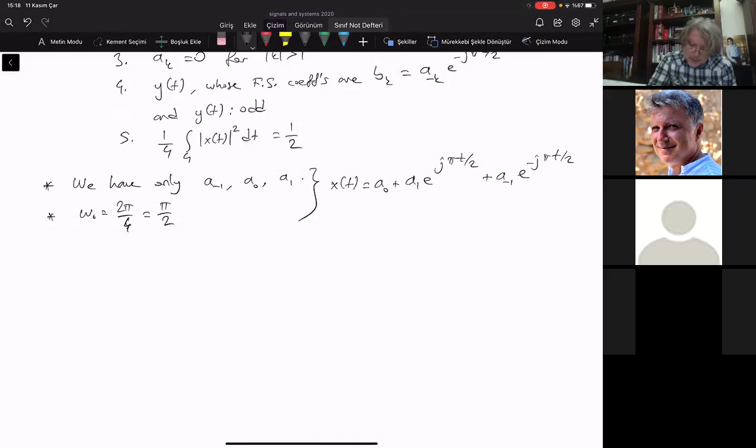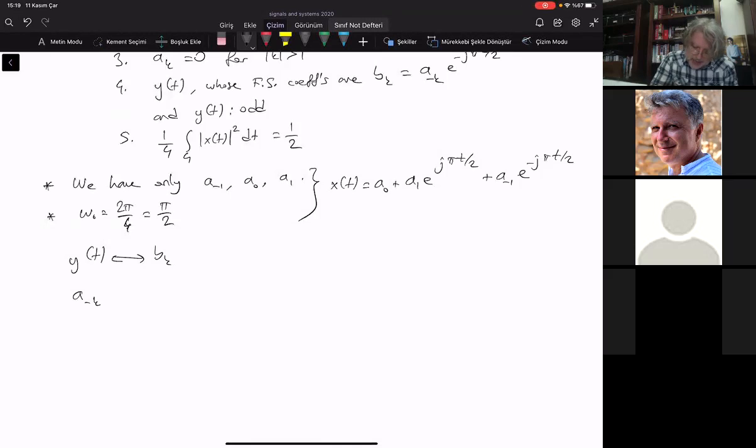Now, let's say that y of t, whose Fourier series coefficients are bk's, is given to us in number 4. We know we are given this. But I can think of this.